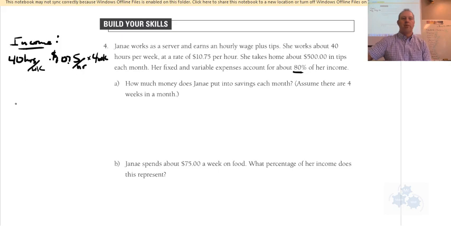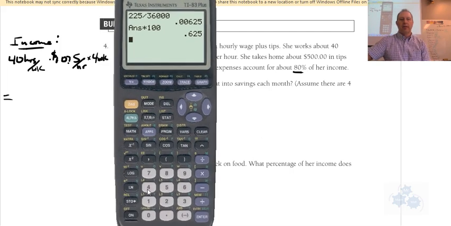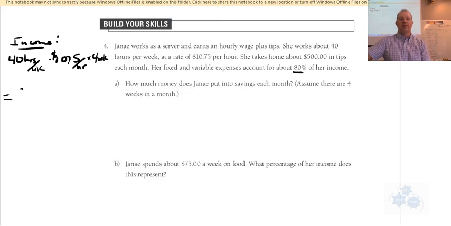So what is 40 times 10.75 times 4? And this is going to be her earnings in 1 month. So 40 hours for 4 weeks at $10.75 an hour, $17.20. All right. Everybody agree with that?